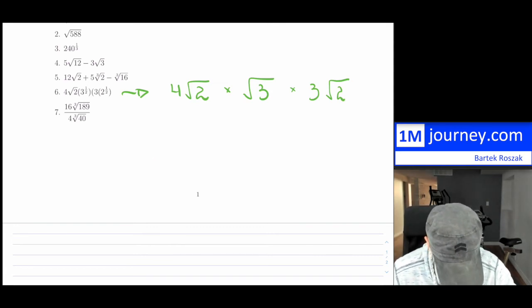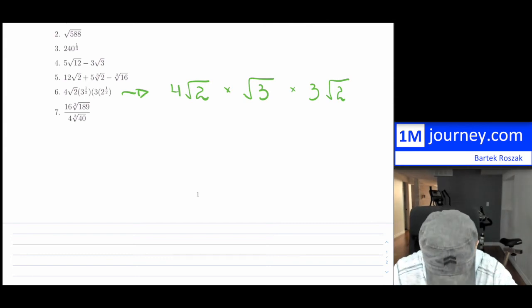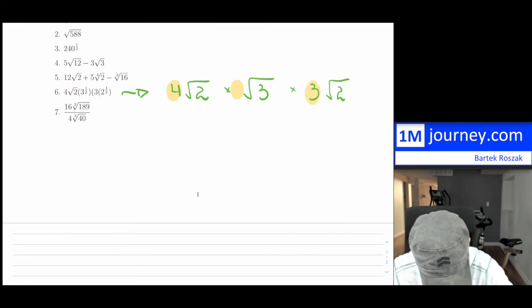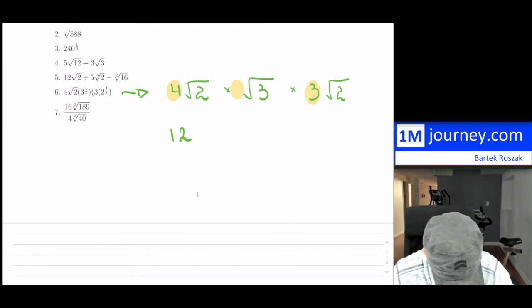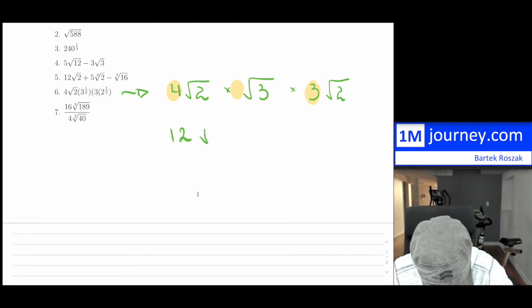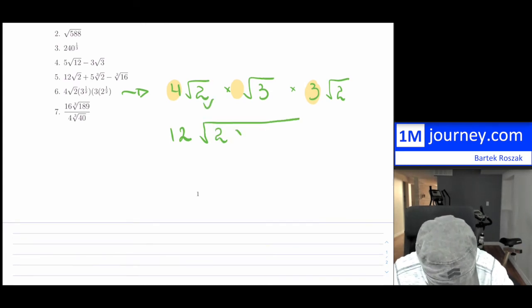So that's not bad. This is just all multiplication. The number here is 1, so 4 times 1 times 3, that's 12. Now we can take the radicals and multiply all of them together, because they're all square roots.